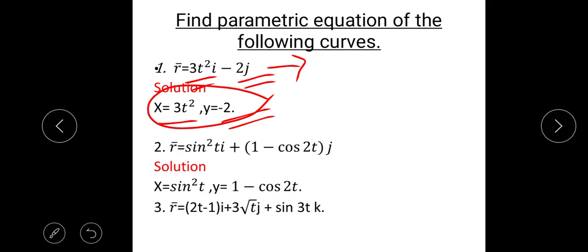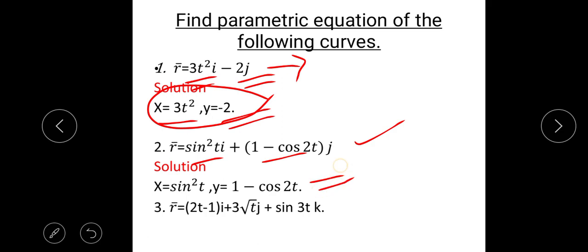In the second example, again you are given the vector equation, r is equal to sine square t i plus 1 minus cos 2t j. You are asked to find the parametric equation. Therefore, by collecting coefficients of i and j, we get x is equal to sine square t, y is equal to 1 minus cos 2t.